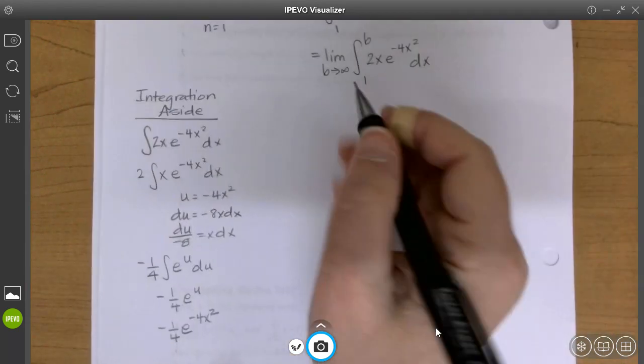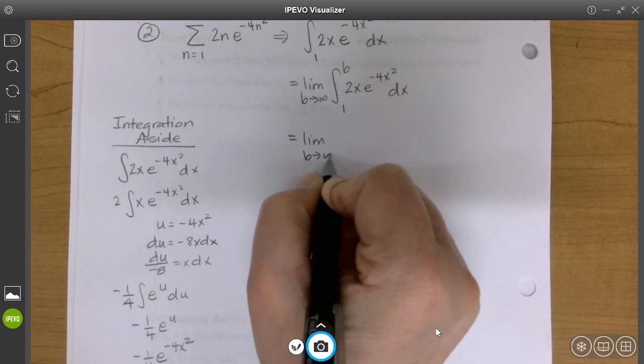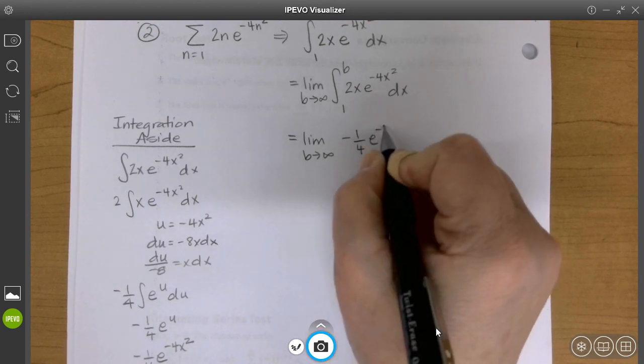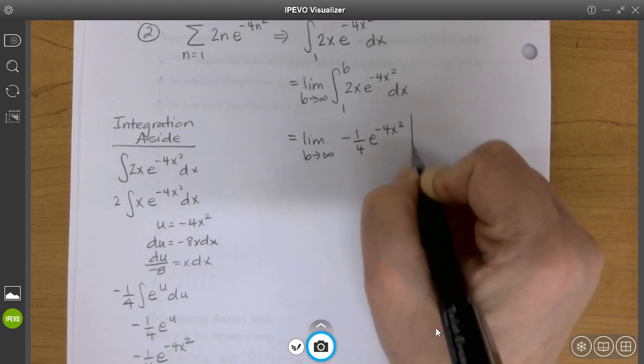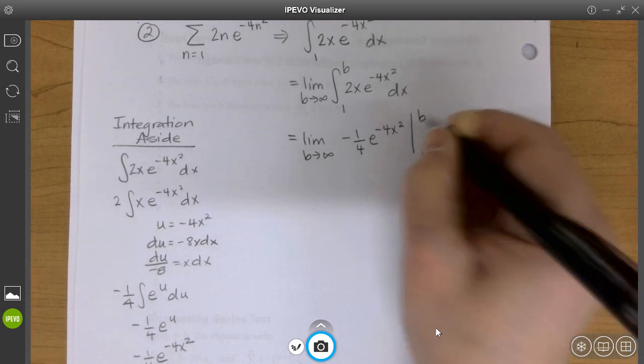All right, so we're going to bring it back to our limit, and we're going to say the limit then as b goes to infinity of negative 1/4 e to the negative 4x squared evaluated between 1 and b.